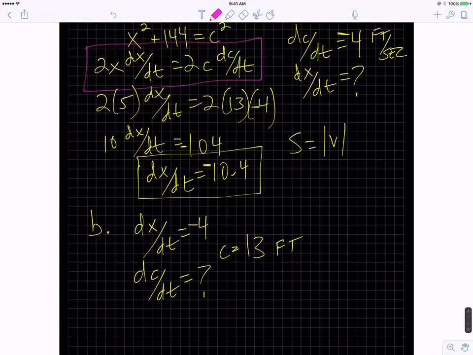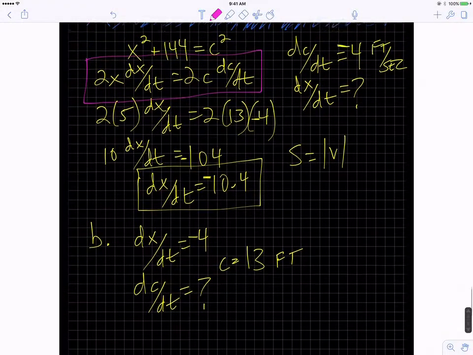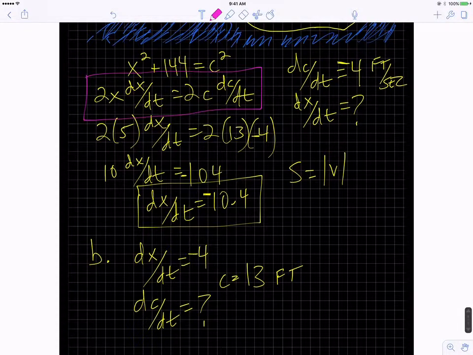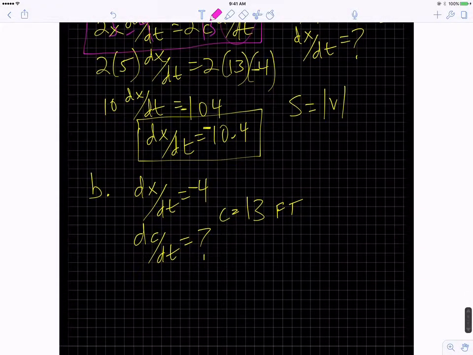I'm looking for the dc dt. So I don't think it's that difficult. I'm not going to finish this out for you on here. You just have to plug in the numbers. You plug in a negative 4 here. You plug in a 5 here. You plug in a 13 here, and then you solve for this guy. That's some algebra there. I'm going to let you guys finish that one.